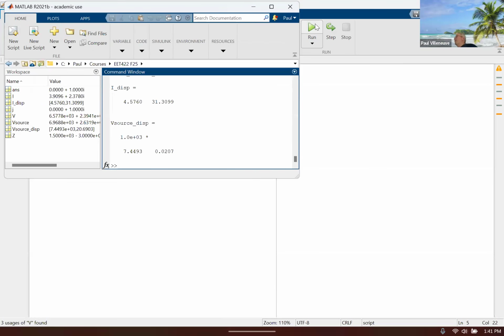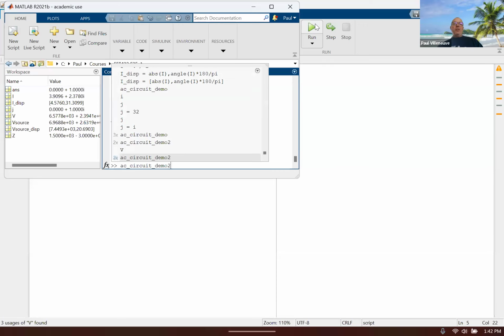And here's the problem with using everything in the same matrix. I'm getting 7,450 volts. And my angle is pretty darn small, isn't it? You can see that when I'm dealing with thousands of volts and my angle is 20 or 15, it kind of gets lost.